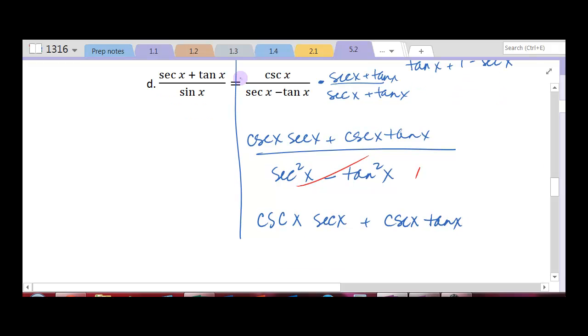Go back and look, what am I trying to get to? What's the goal here? I need a secant and a tangent here in the numerator. Well, I happen to have a secant and a tangent already in my problem over here, so what am I going to do with my cosecants? Cosecant is 1 over sine times secant x plus 1 over sine times tan x.